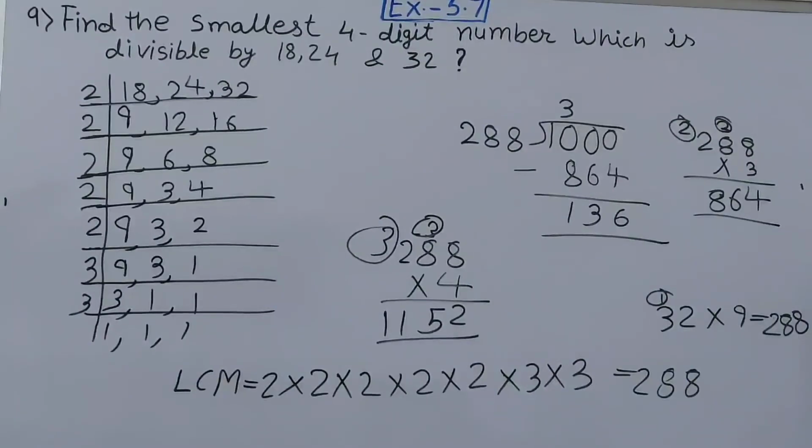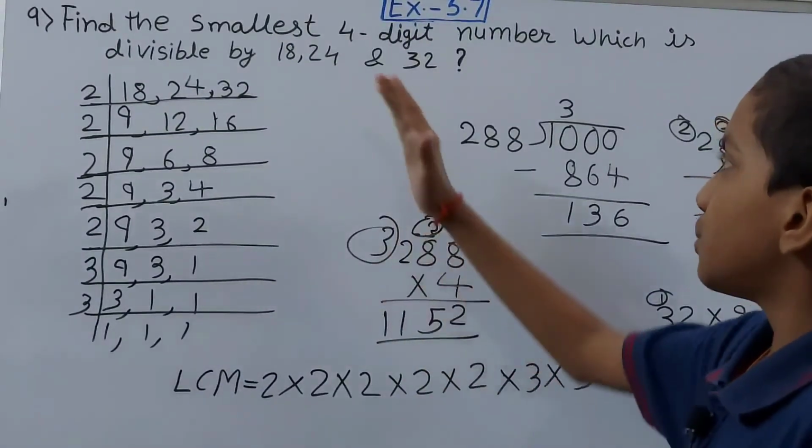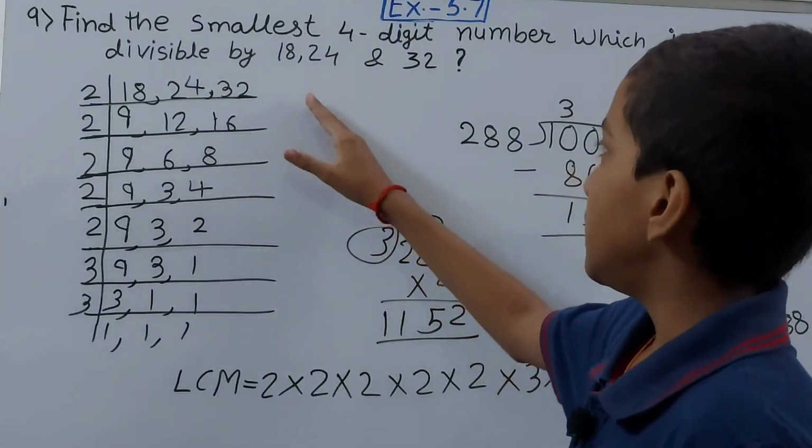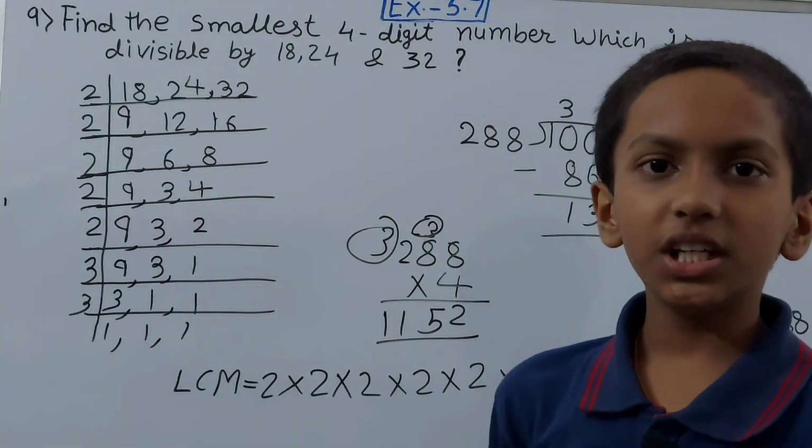This is the first 4-digit number. Alright, then that means the first 4-digit number is the smallest 4-digit number. Then that means that 1152 is the smallest 4-digit number which is divisible by 18, 24 and 32.